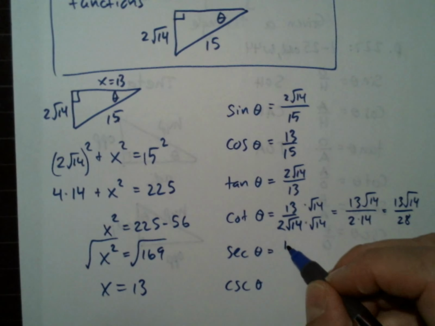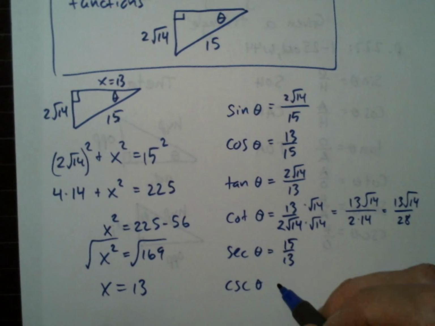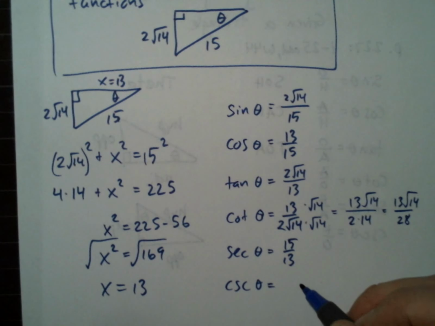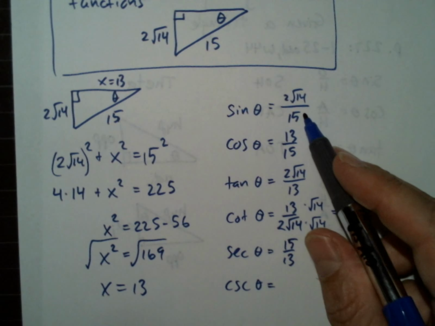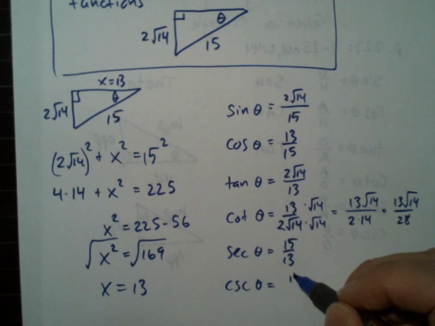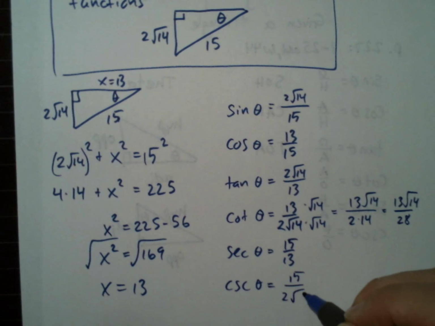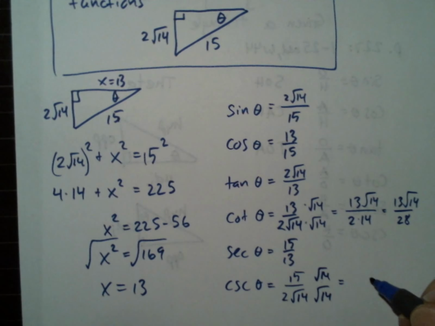Secant is the reciprocal of cosine, and cosecant is the reciprocal of sine. Let's multiply by the radical to rationalize the denominator.